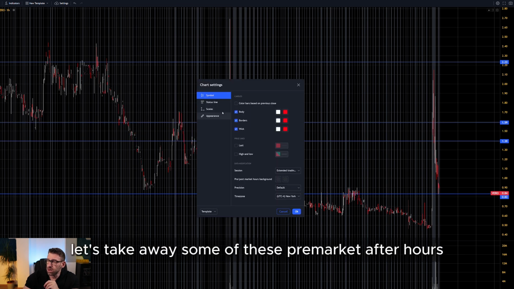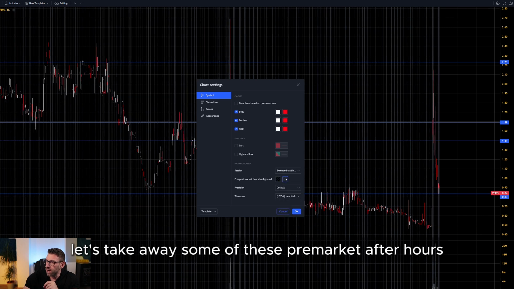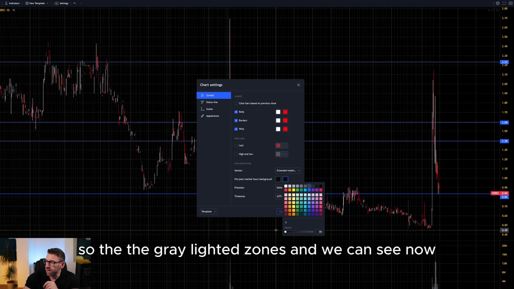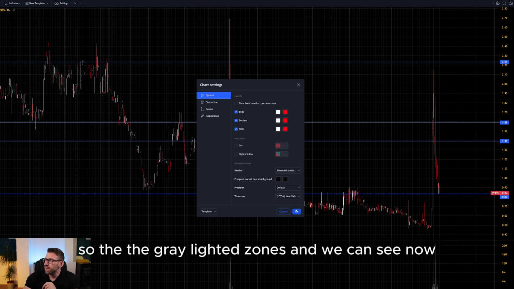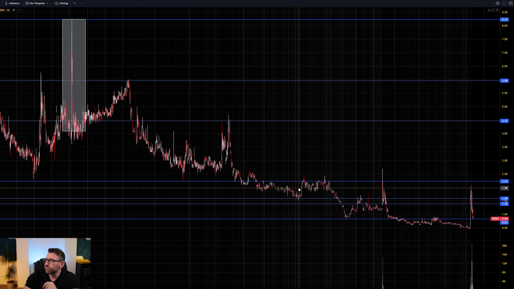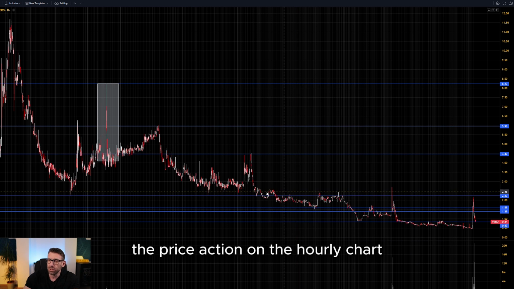Now let's take away some of these pre-market and after hours, the gray highlighted zones, and we can see now the price action on the hourly chart.